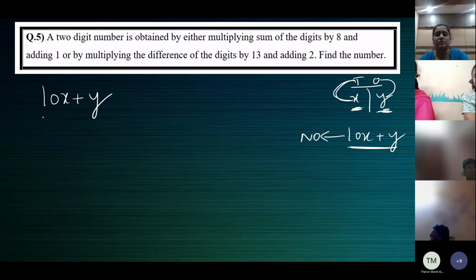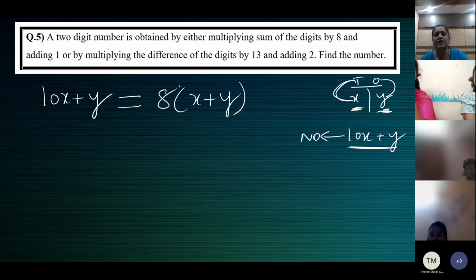A two-digit number, 10x plus y, is obtained either by multiplying the sum of the digits by 8 and adding 1. I'll write the same thing again.